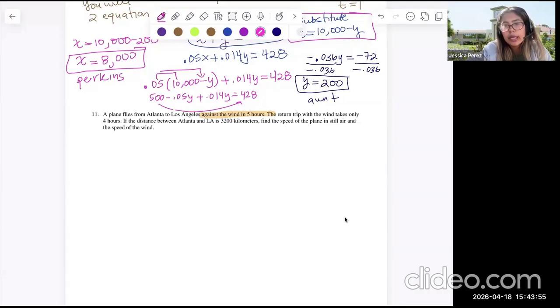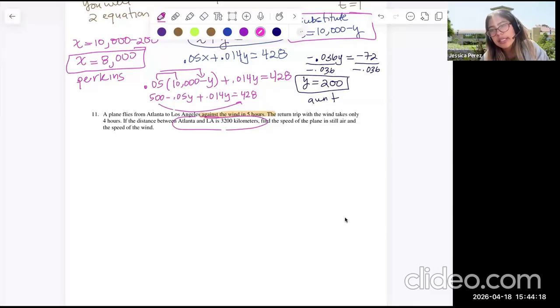Going from Atlanta to LA it takes 5 hours. The distance from Atlanta to LA is the same on both the go and the return. The distance is 3,200.